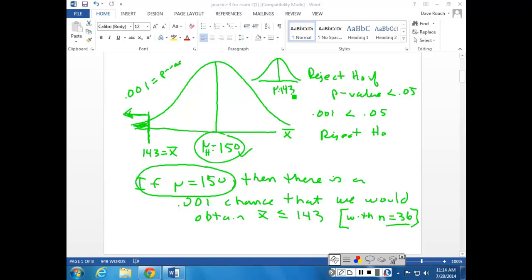So the chance of less than 143 depends on where the population mean is. If the population mean were 149, you wouldn't have this exact probability. So this p-value probability is conditional on having this hypothesized mean.